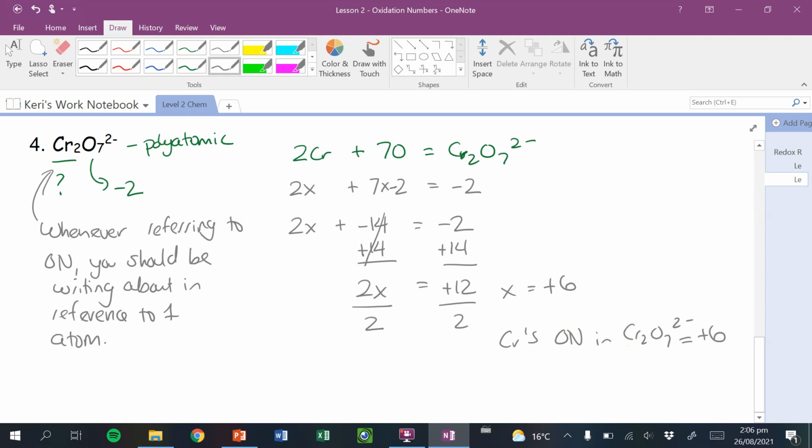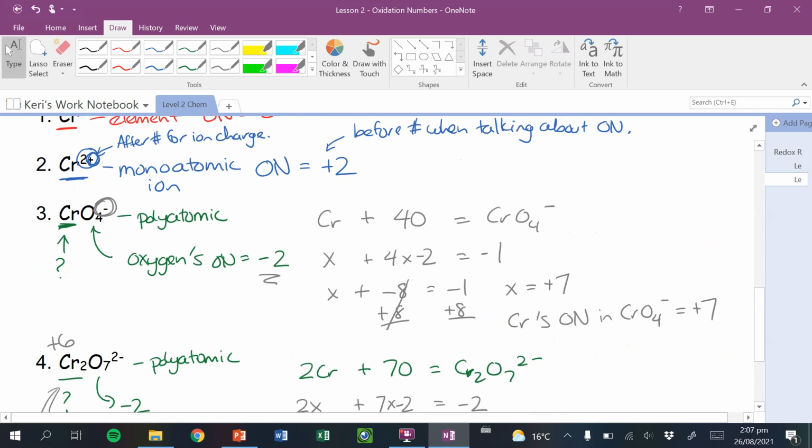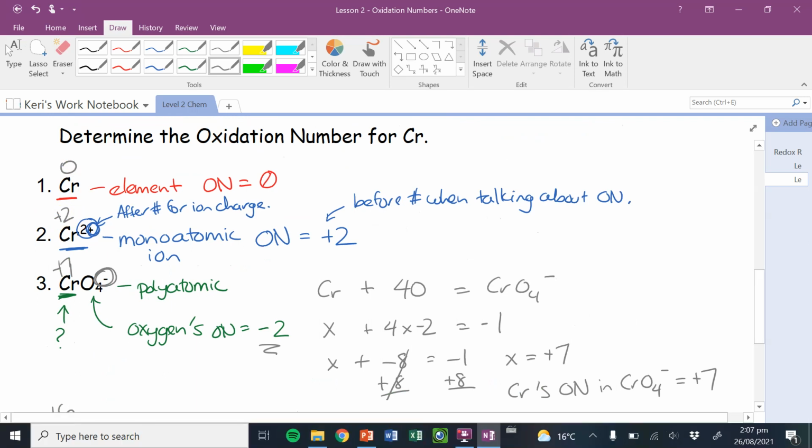So we can see in these various examples how different these numbers are. This one was positive 6. This one was positive 7. That one is positive 2. That one is 0. So those oxidation numbers can change, and that changing of oxidation numbers can help me figure out if it's an oxidation reaction or a reduction reaction. Like I said, if the oxidation numbers increase, you have lost electrons.